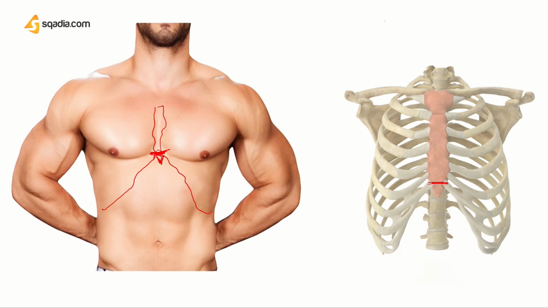Let me erase this for you. So this is the body of the sternum, and this is the xiphoid process. This is where you would feel the ridge of the Xiphisternal joint. It is at the level of the upper border of the T9 vertebra. So right behind here we would probably see, because these are now the last few thoracic vertebrae, this is the T9 vertebra. So one of the more important significant points of the Xiphisternal joint is that it is one of the last bones in the body to ossify at age 40.